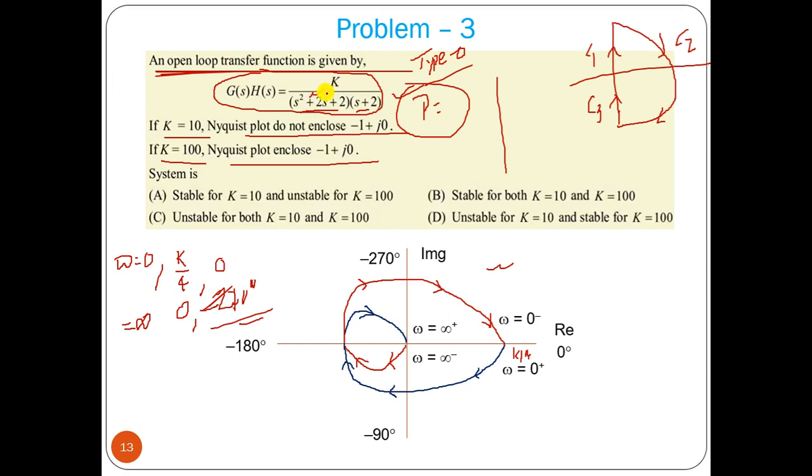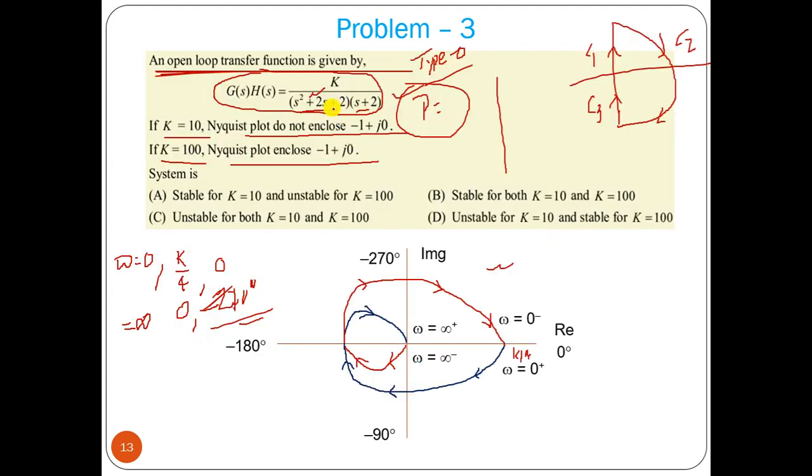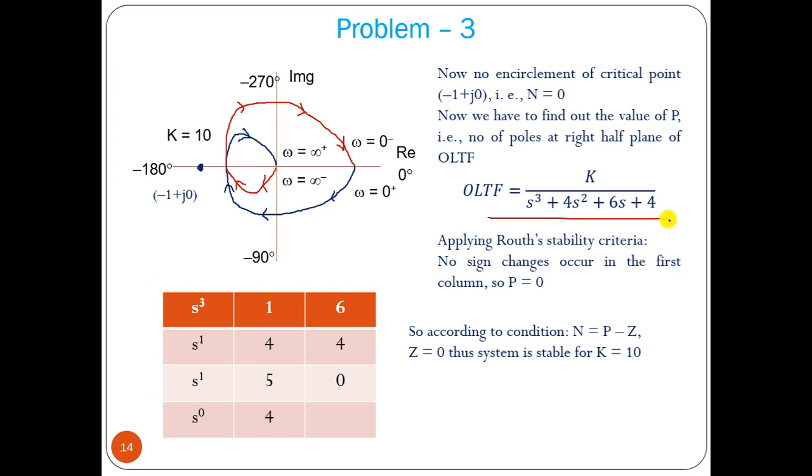Either you can find its roots and see, otherwise we can use the Routh stability criterion. If you multiply these two factors, we get the open loop transfer function. From that we can find 1, 4, 6, 4, and there is no sign change. That means P equal to 0. The open loop transfer function is stable, so there is no pole in the right half plane.